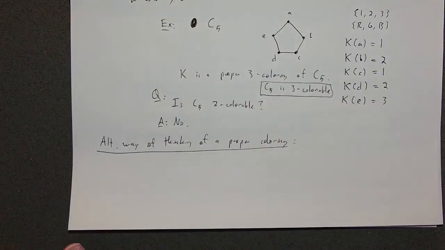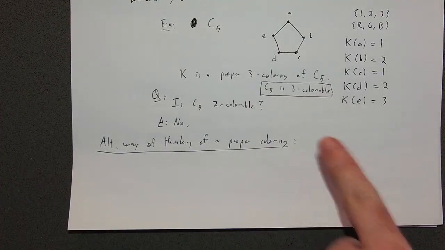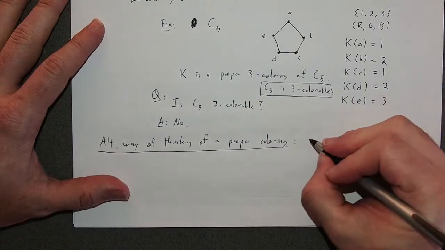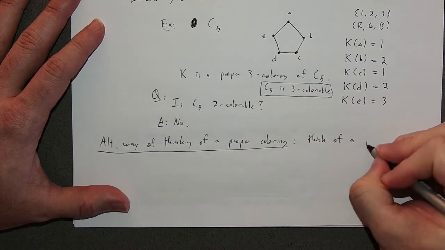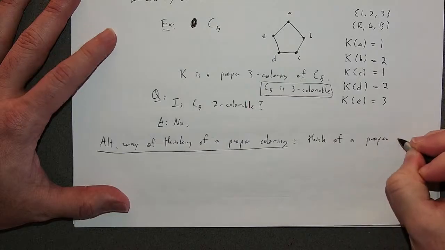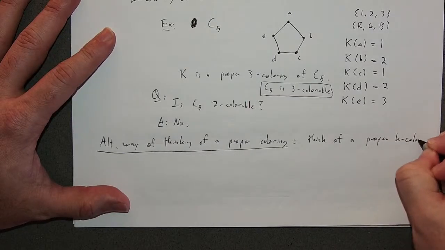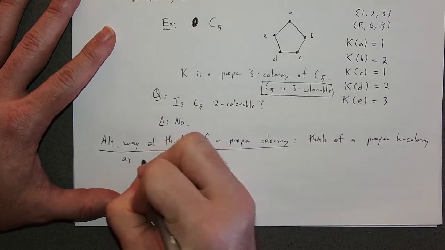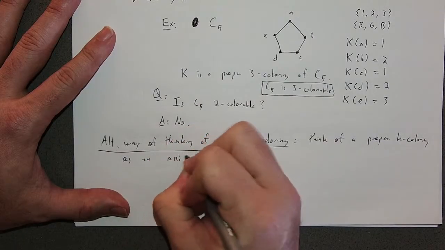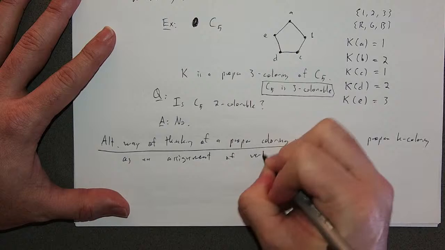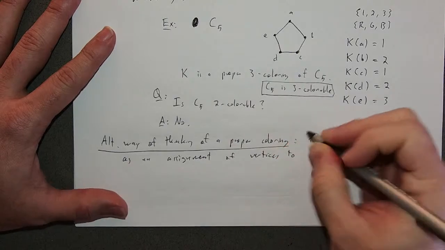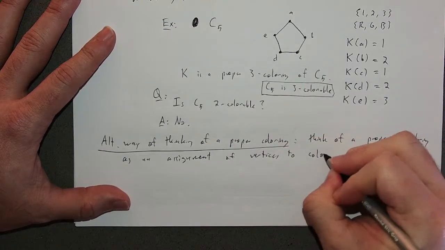So now think of a K coloring as an assignment of vertices to sets called color classes. So think of a proper K coloring as an assignment of vertices to color classes.